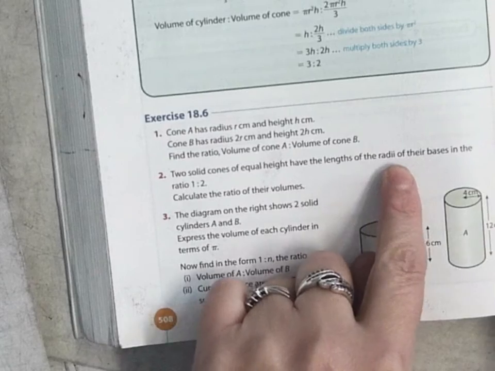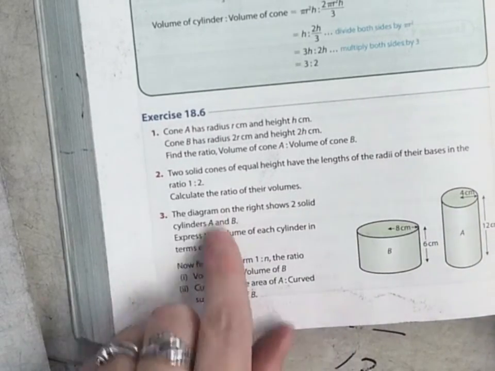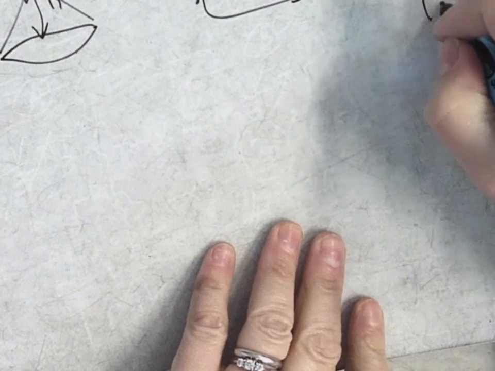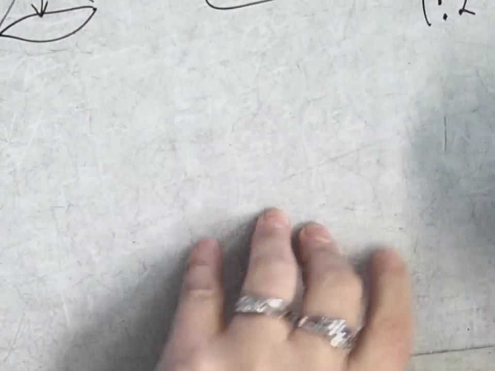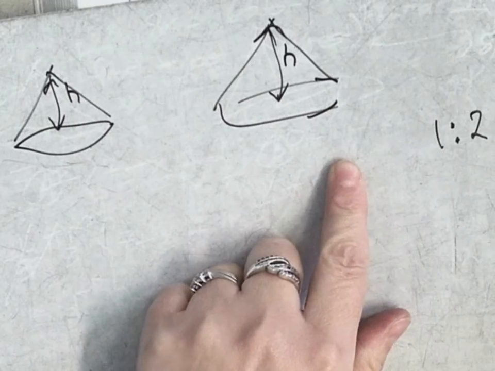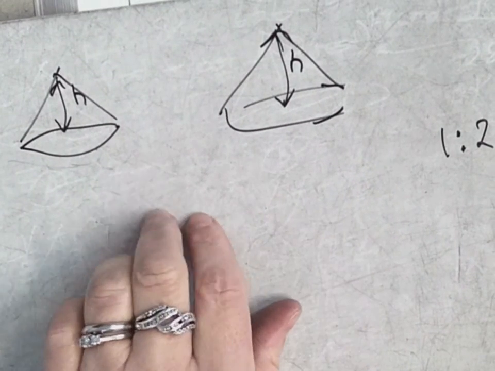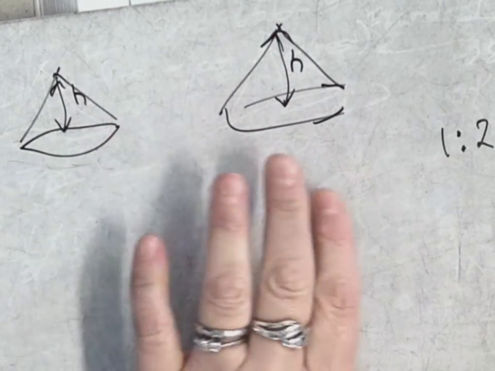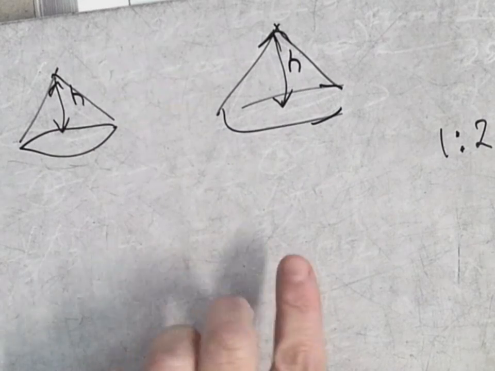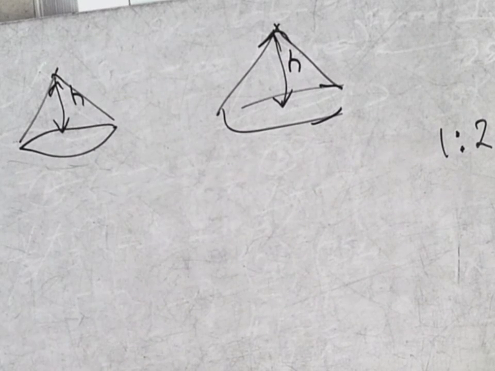They have the lengths of the radii in their bases in the ratio 1:2. So the ratios are 1:2, right? What's that mean? Radii are in the ratio 1:2. Can anyone put that into everyday language for me?